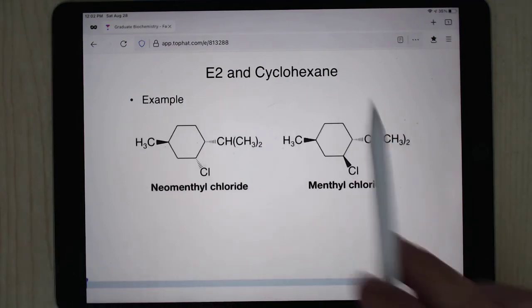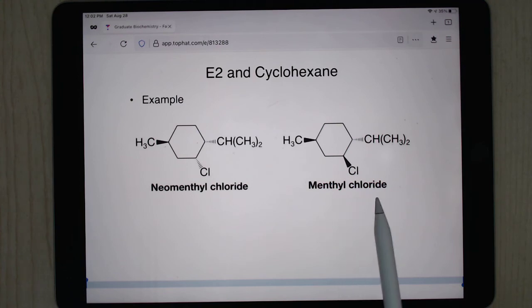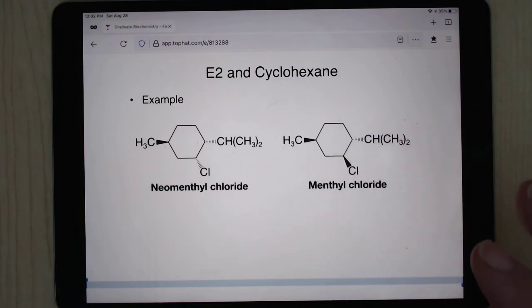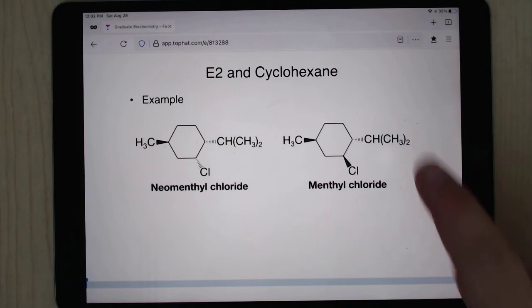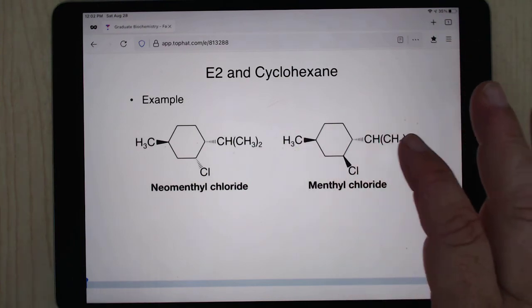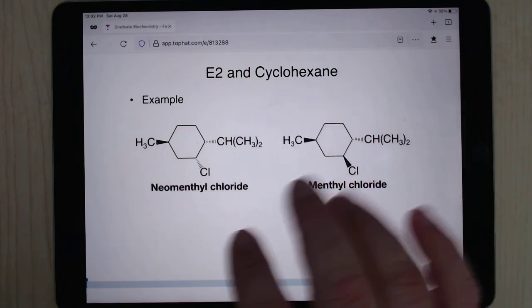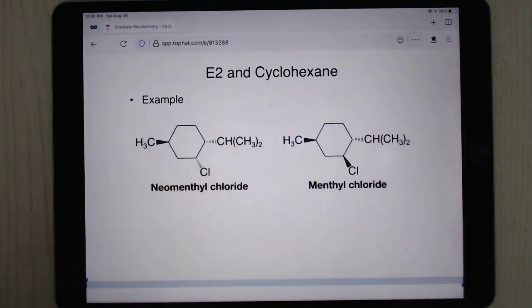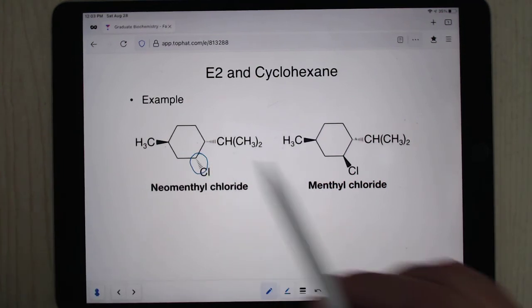And so if you want to look at these two examples, you have methyl chloride. So this is, I think, related to menthol. Okay, I think menthol has a methyl group here. Anyway, doesn't matter. And then neomenthol, and the only difference is the orientation here.